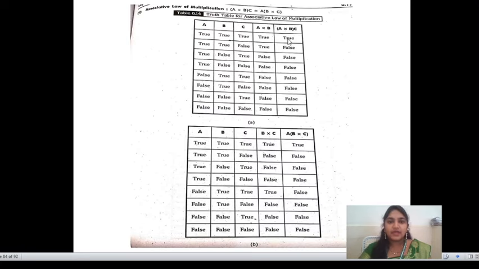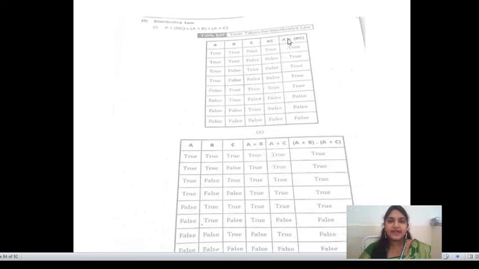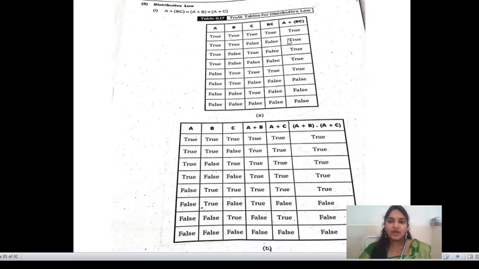So this is about the associative law of multiplication and addition. Next, the distributive law: A plus BC is equal to A plus B into A plus C. Sum of products is equal to product of sums. So these are the truth tables for the distributive law of addition.